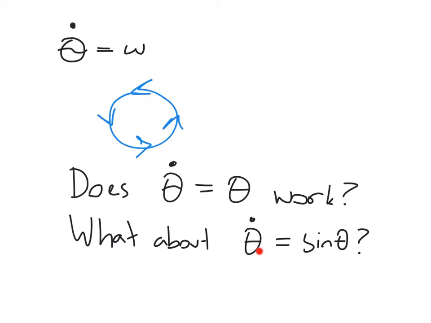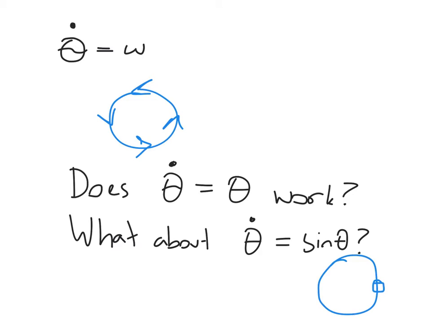So what about theta dot equals sine theta? I'm going to sketch the diagram for this system. Let me pull up a blue pen, and we have a circle. When theta is 0, sine of 0 is 0, so theta dot is actually 0.